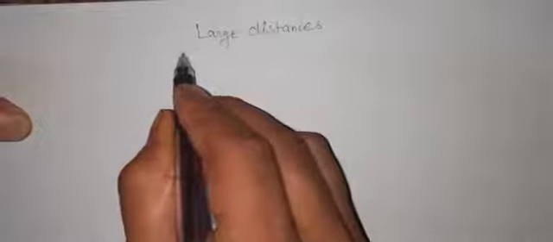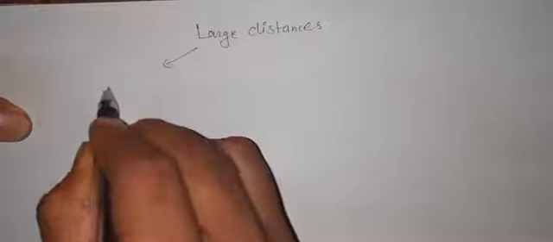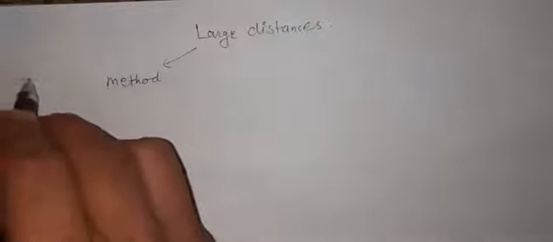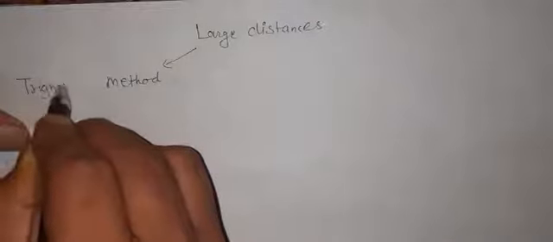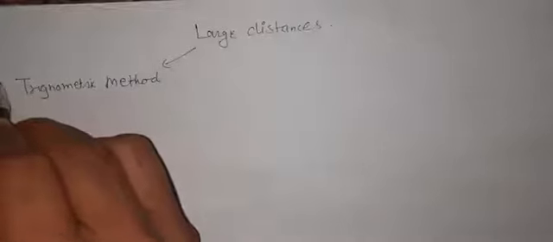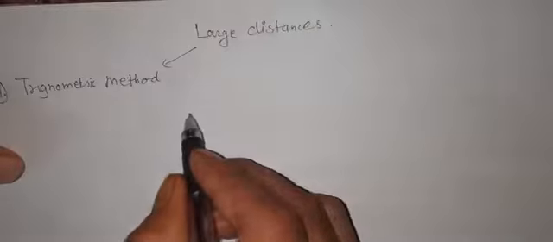Now let us start with the measurement of large distances. For this, the first method I'm going to use is the trigonometric method. This is my first method for the measurement of large distances.